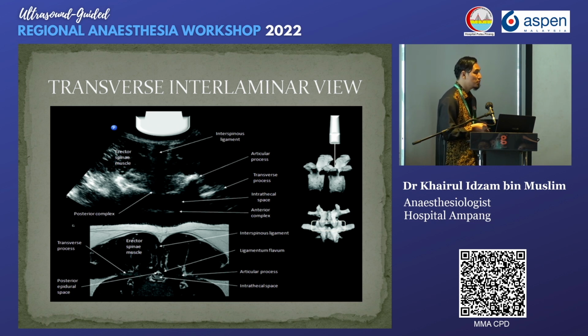Once we have this spinous process view, we need to slide cranially or caudally, depending on our intended level, to get the transverse interlaminar view. In this view, we can identify our interspinous ligament, the erector spinae muscles, the articular process, and also, the most important thing, the posterior complex and anterior complex.